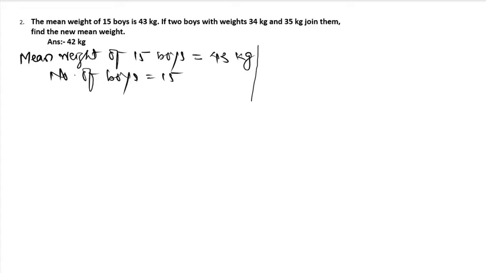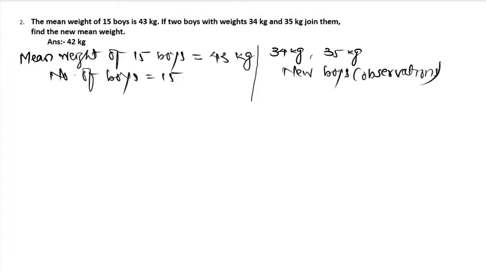Okay, so there are 2 new boys with the weight 34 kg and 35 kg. These are new boys, so new observations. So after these boys weighing 35 and 34 kg join them, what will be the new mean weight?